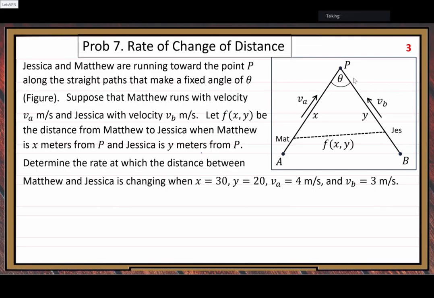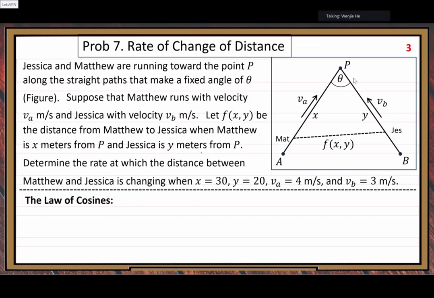So at one specific point, these numbers are measured. But now you need to calculate the derivative of this function. What's the rate of the distance with respect to time t? Time t is the variable.